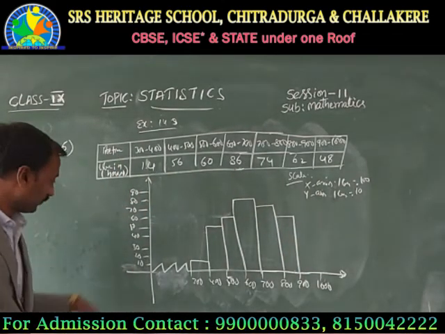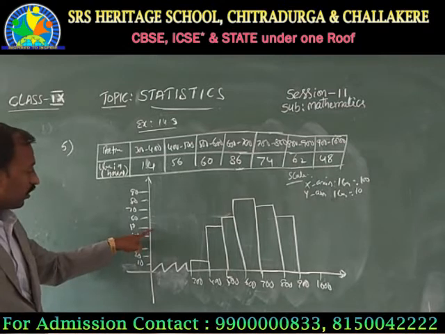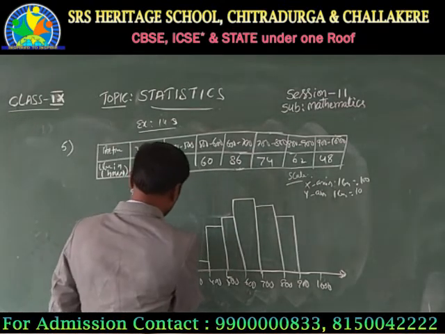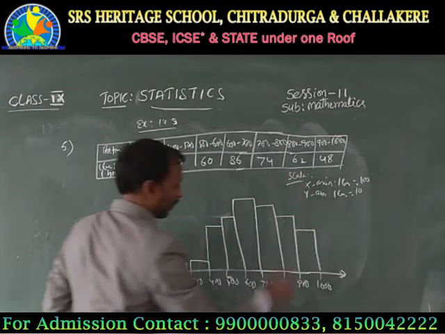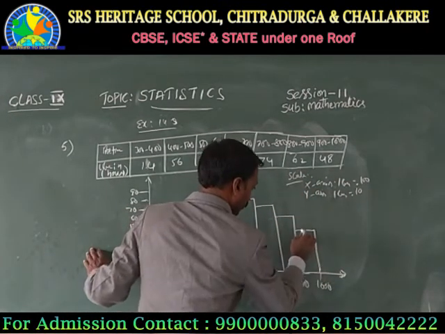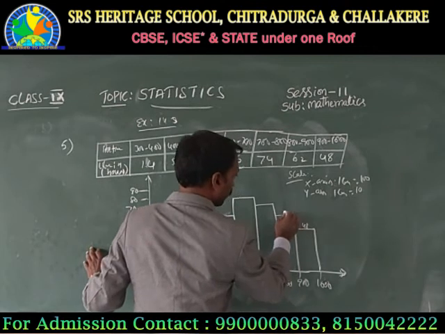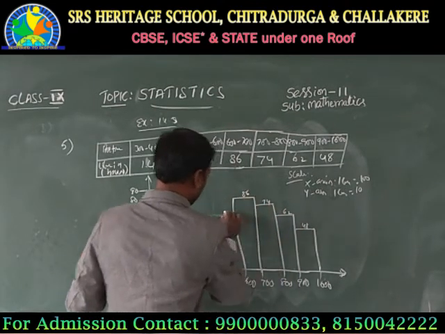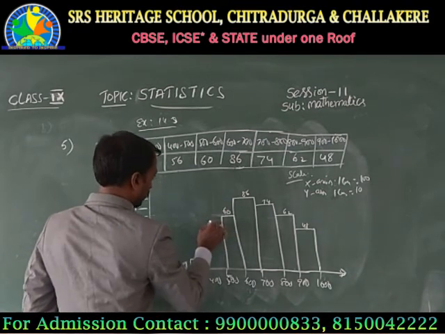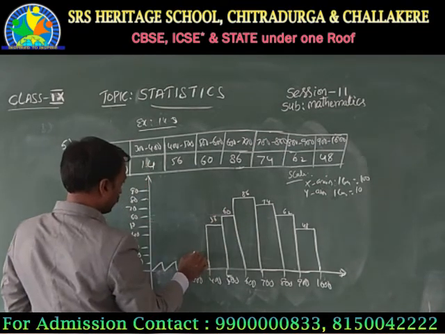Next, 48 is very close to 50, two boxes less than 50. So this is 48, this is 62, this is 74, this is 86, this one indicates 60, this is 56, and this indicates 14.